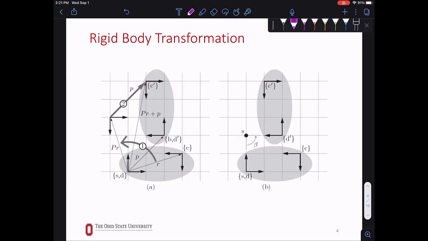That's a translation. So from this position to the new position, we went through a rotation and a translation, right? So all rigid bodies will have a combination of these two. Could be only rotation, only translation, or consecutive combination of these two. So this is the case for rotation plus translation.